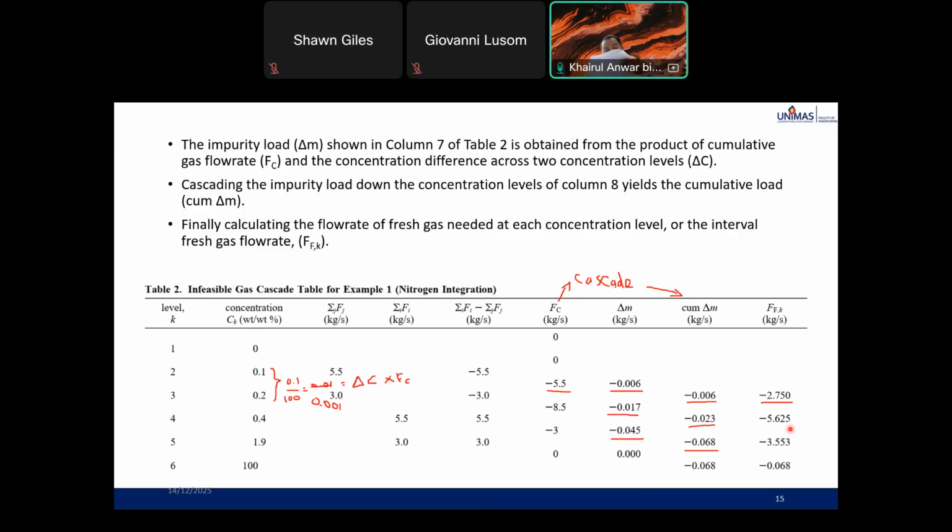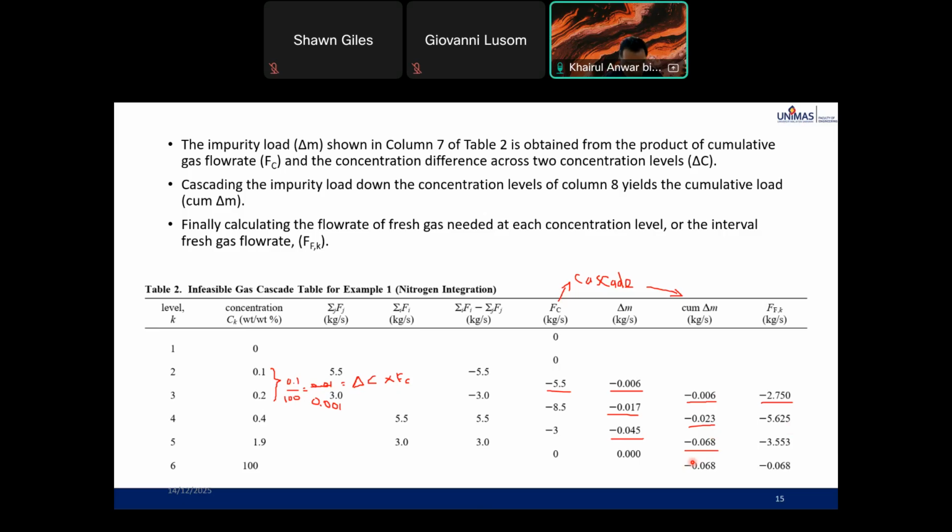Note that the impurity load delta M shown in column 7, table 2 is obtained from the product of cumulative gas flow rate FC and the cascading delta C. Referring to table 2, this is an infeasible gas cascade table since the cumulative delta M here is all negative, which means there is insufficient utility gas at the respective concentration level.